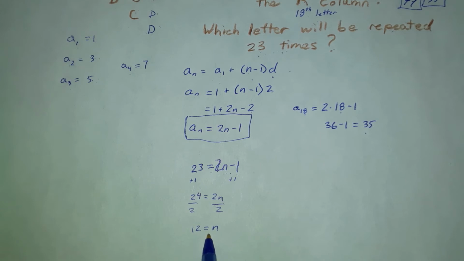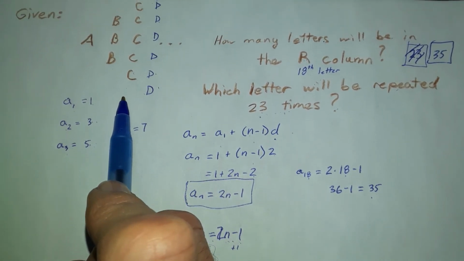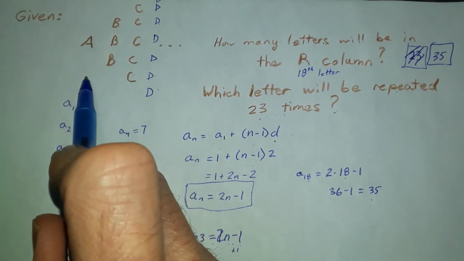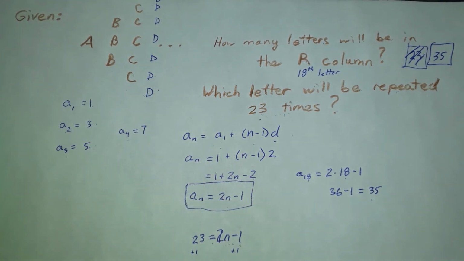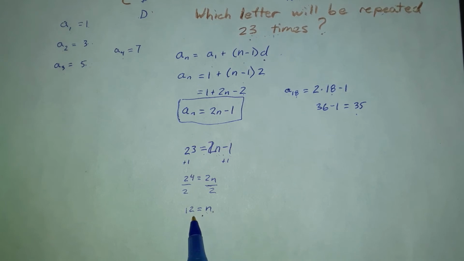So I'm looking for the 12th column, because remember, n represents which column we started with up here, because each subscript represented one of these columns. So I'm really down to the question now of what is the 12th letter of the alphabet.